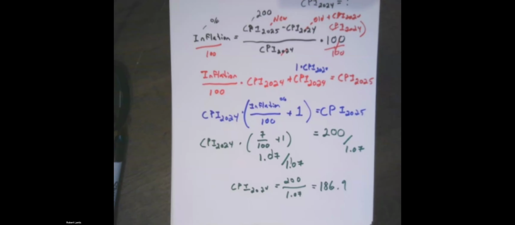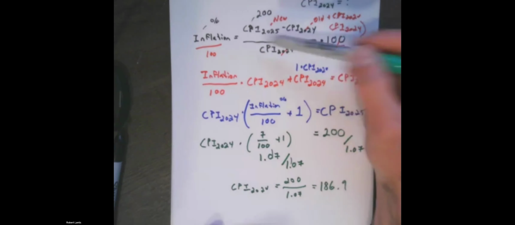Now, one way you could check yourself is, if inflation was positive, I know what was happening to prices. If inflation was positive, that meant my prices must have been increasing, right?